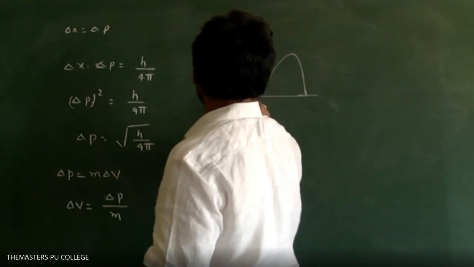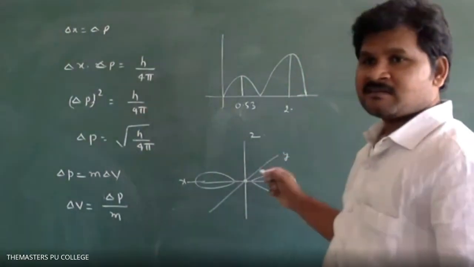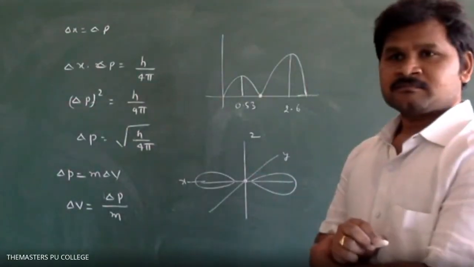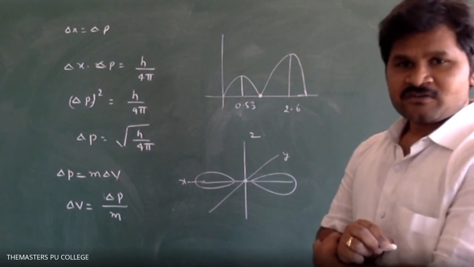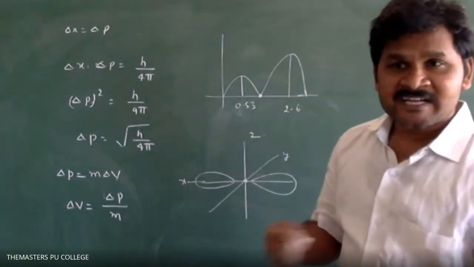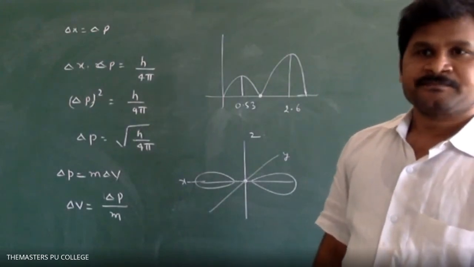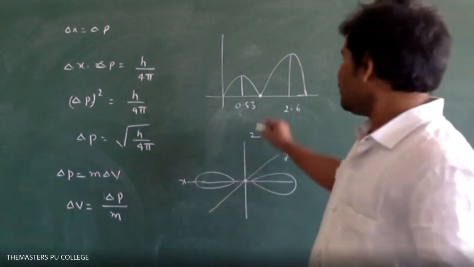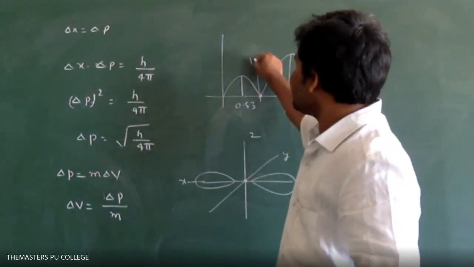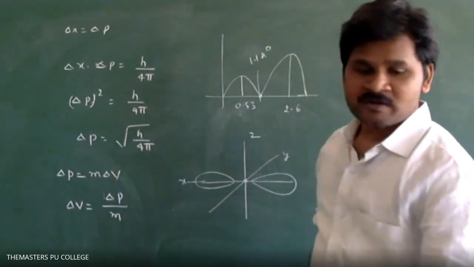This is at 0.53, this is at 2.6 angstrom, which is the radial node, and in between we get 1.1 angstrom.